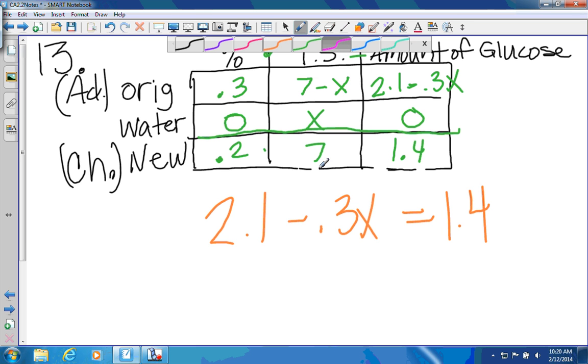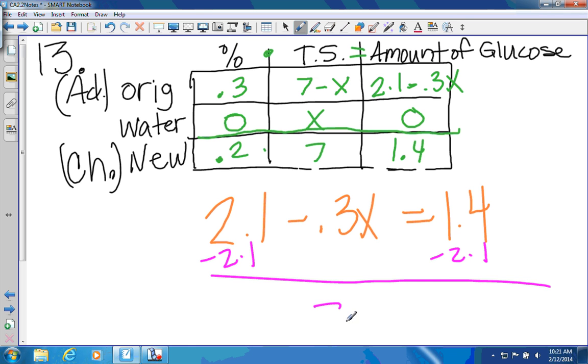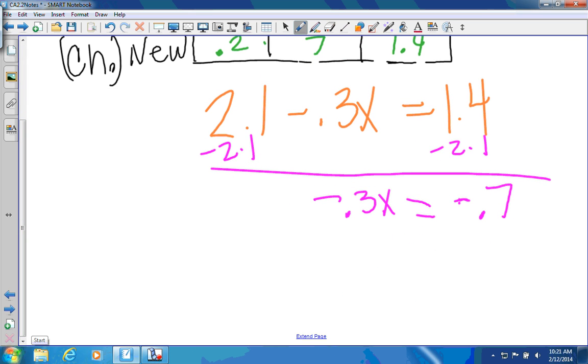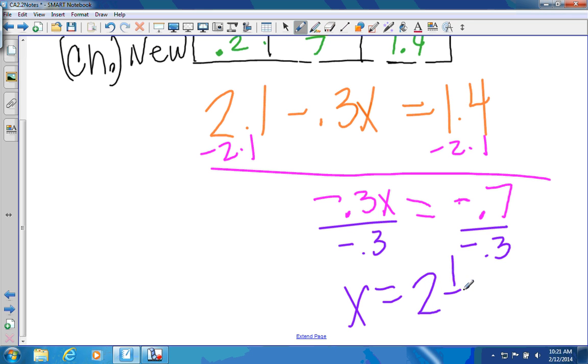Then solving for x, you would first subtract 2.1. You get a negative 0.3x equals a negative 0.7. Then you would divide by negative 0.3. And you will get x equals 2 1/3. I think it's 2.3 repeating. So if x is 2 1/3, that was the amount of water we needed to add.